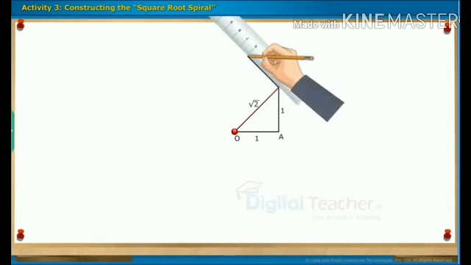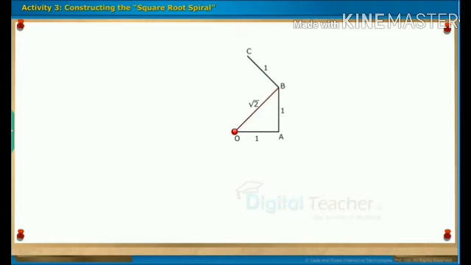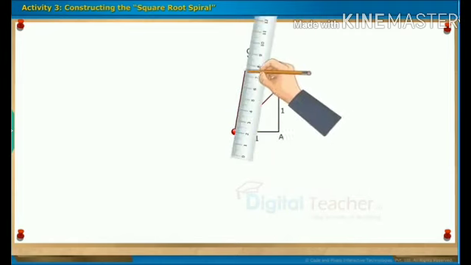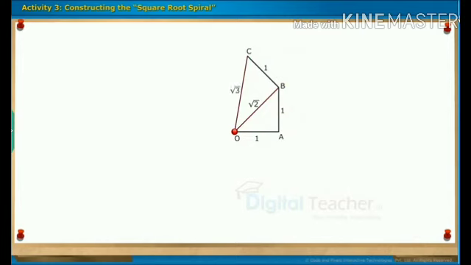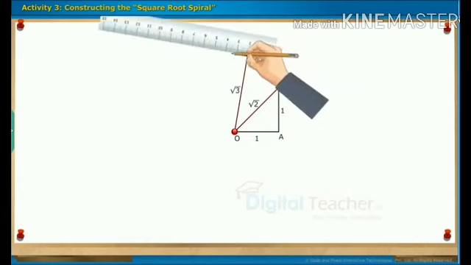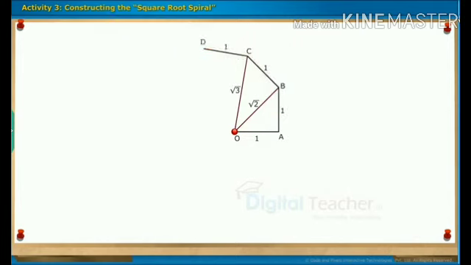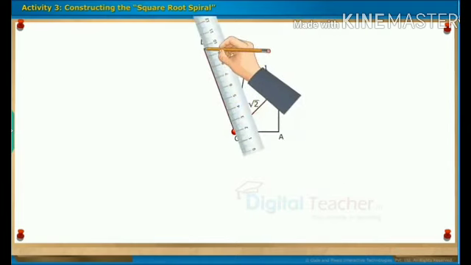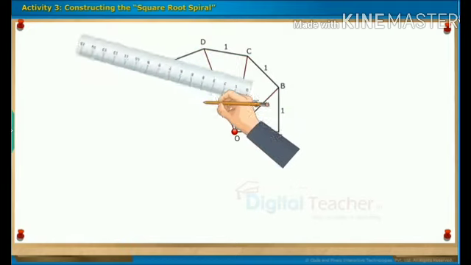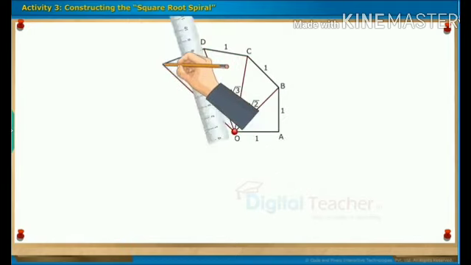Again, draw a line segment BC of unit length perpendicular to OB. Join OC, where OC is equal to root 3. Draw a line segment CD of unit length perpendicular to OC. By continuing the same process, finally we obtain the spiral made of line segments as shown on screen.